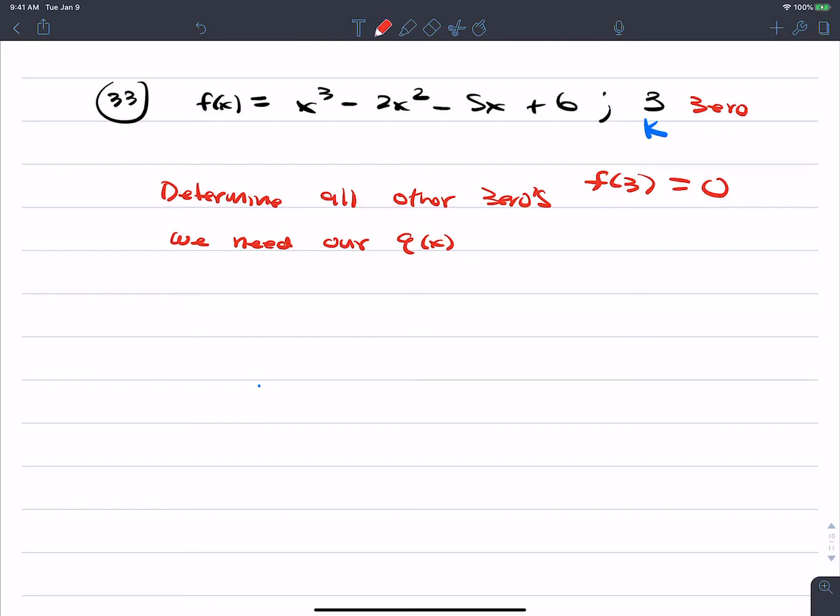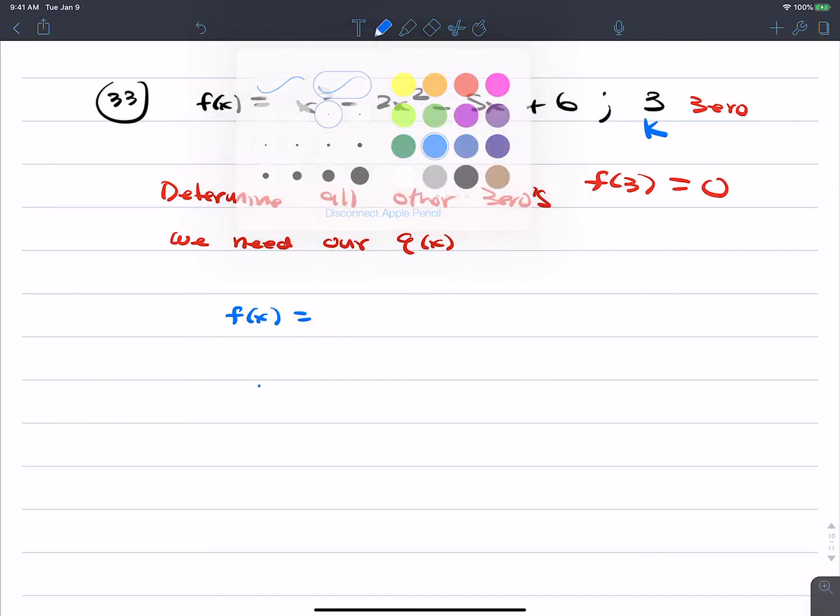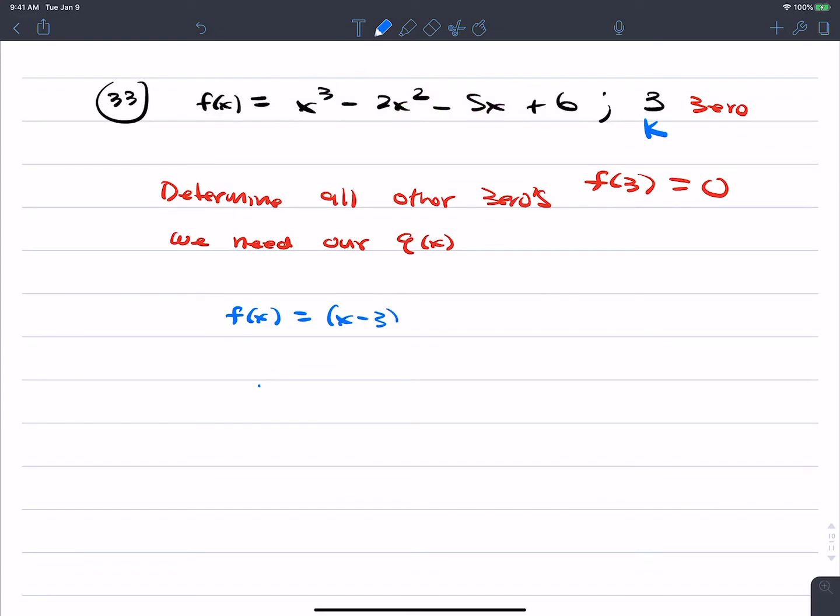That's going to help us locate the other zeros. Let me remind you, f of x is x minus 3 times q of x. Because remember, 3 is a zero, k is 3. So this is where we got the x minus 3.